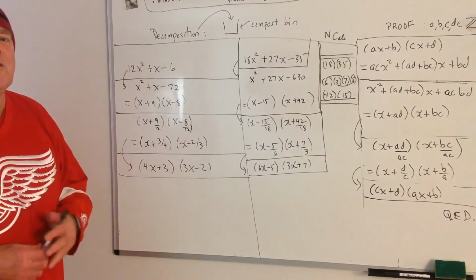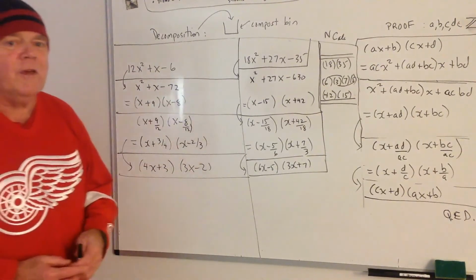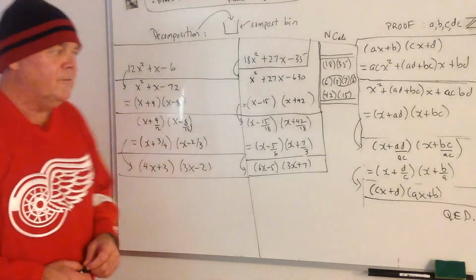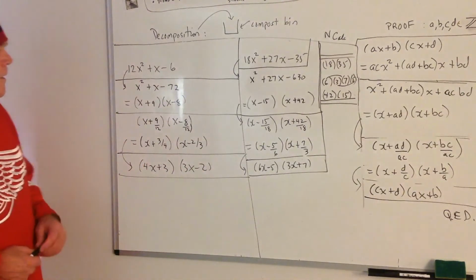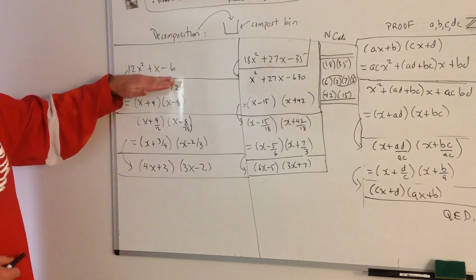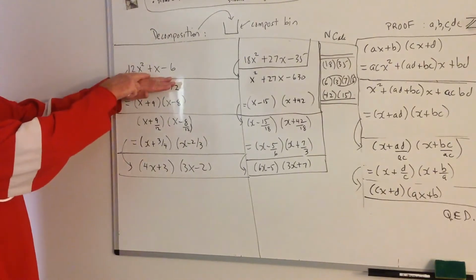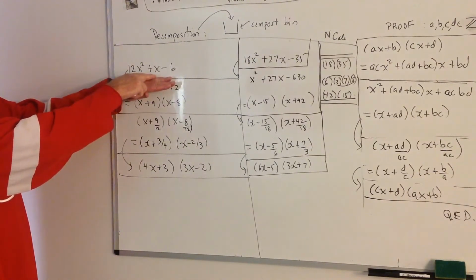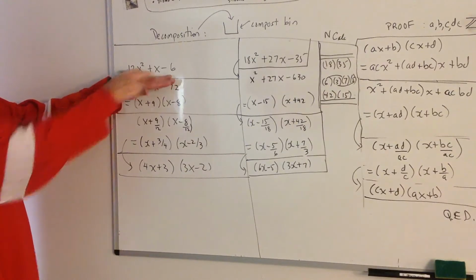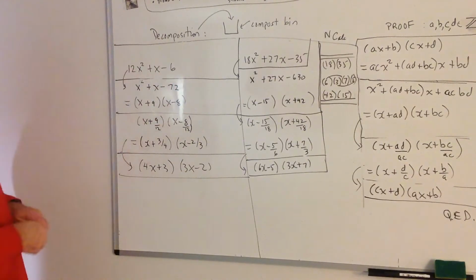If the teacher just says it's a factor, who cares how they factor, right? As long as they factor it correctly. So this method, which would require either guess and check or decomposition, we can get rid of it by doing the following.